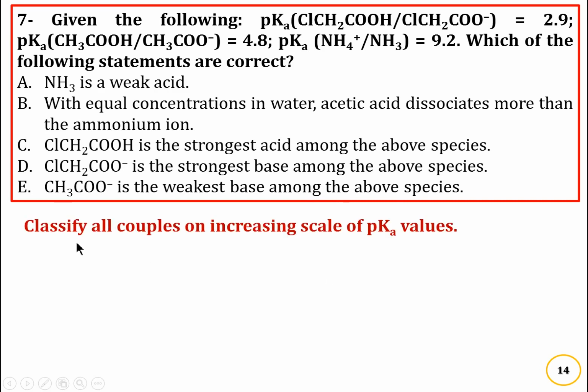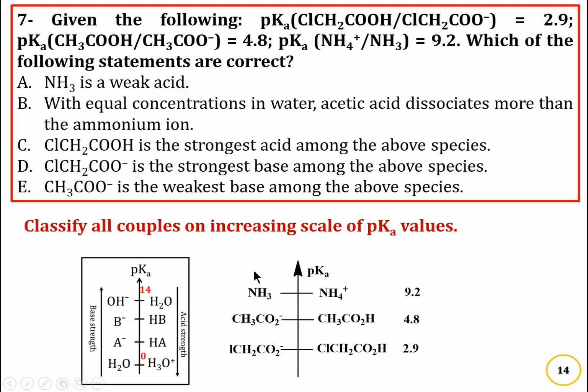So first of all, we have to classify all couples on an increasing pKa scale. On the left side we put the base, and on the right we put the acid.